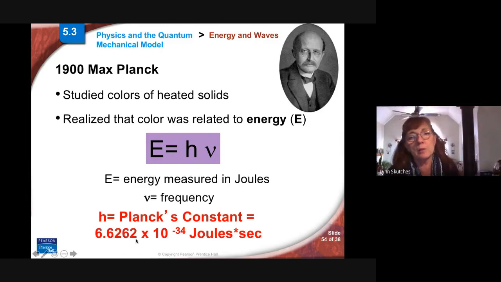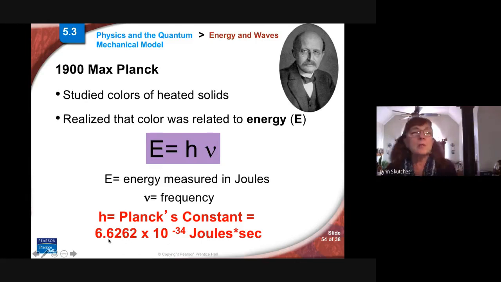Look how small this is, 10 to the minus 34th. That's ridiculous, okay? It's just a little massaging of your measurements to get it to be equivalent, okay? Measure frequency, multiply it by this little tiny number to get energy.